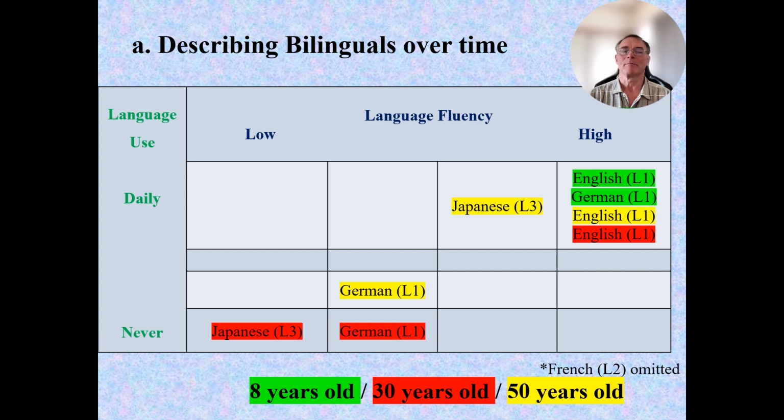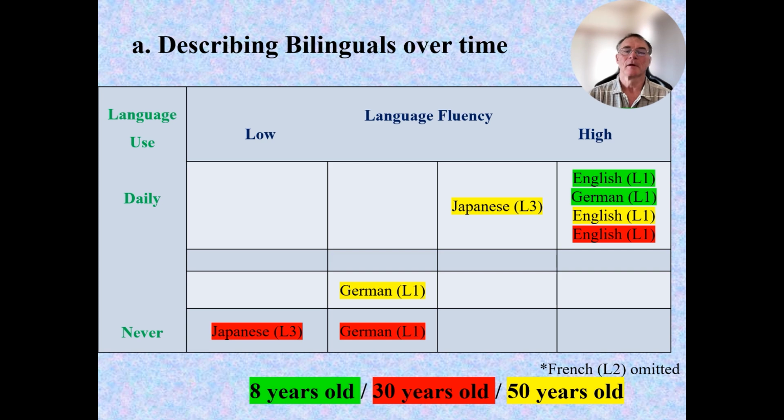My German, I hadn't really used my German for 20-something years, and so low-level language fluency. I could still listen and speak German, but not very well. And then, of course, my English is my dominant language, and I use that every day as a native speaker.